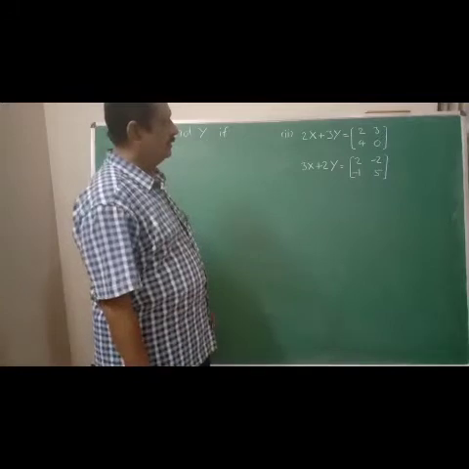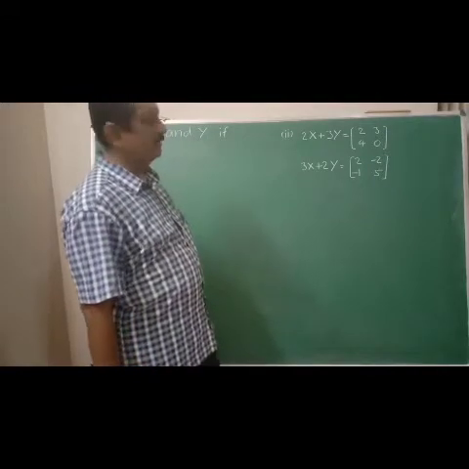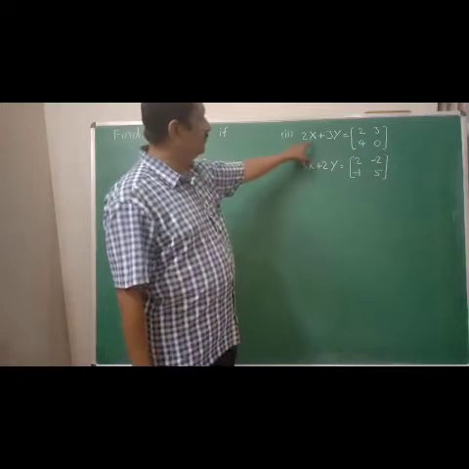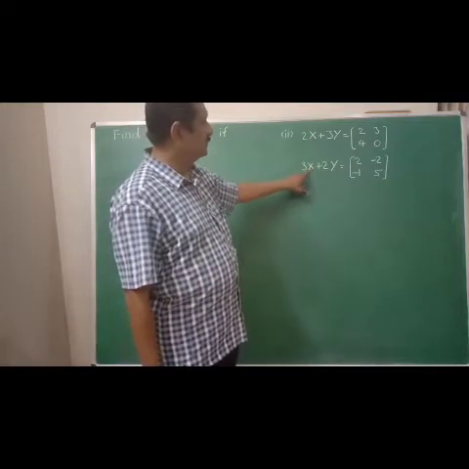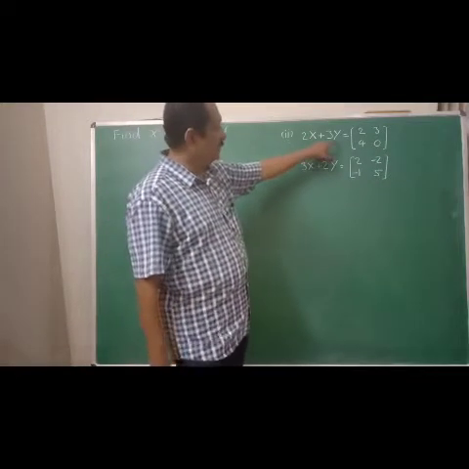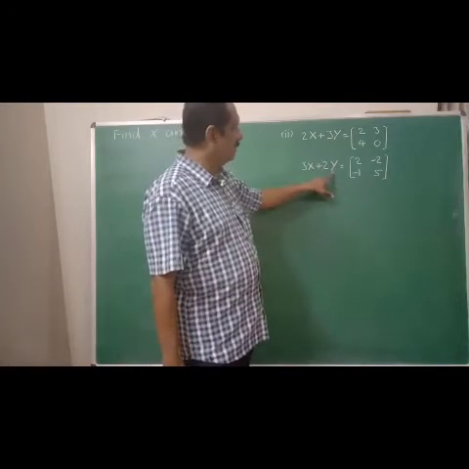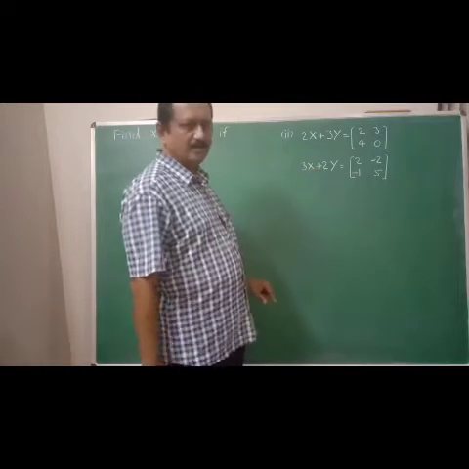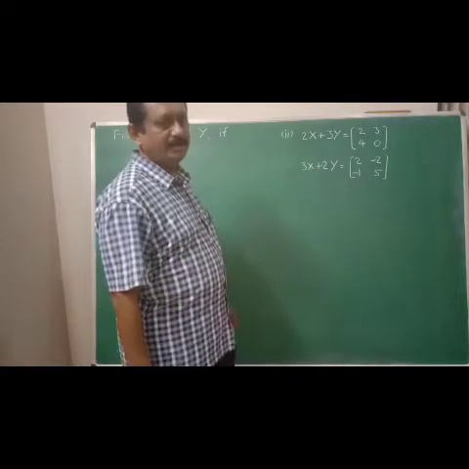Here it is just like the previous example, but you can't cancel directly because the x coefficient is 2 in one equation and 3 in the other, and the y coefficient is 3 in one and 2 in the other. The coefficients are different, so we can't cancel immediately.